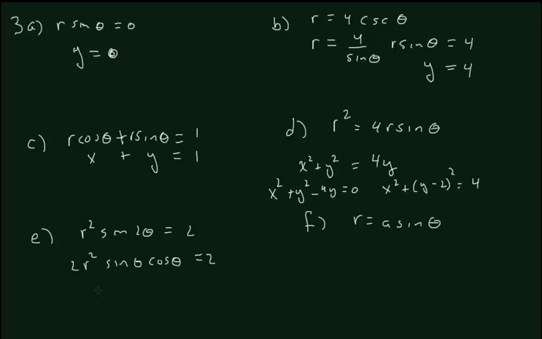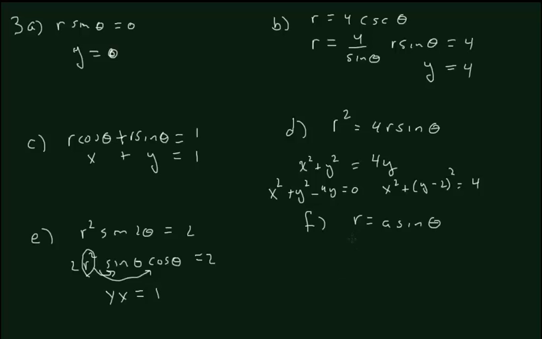Divide everything by 2, and then we're going to separate the r squared as r times r, and apply 1 to the sine and 1 to the cosine. So that gives us r sine theta times r cosine theta, or y times x equals 1, which is a rational function or hyperbola.